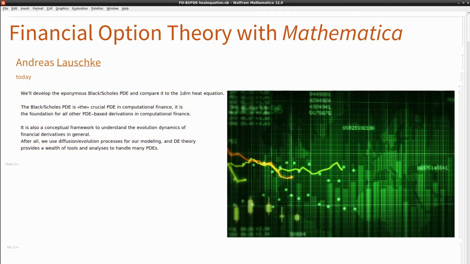Because differential equation theory provides a wealth of tools that we're getting directly from calculus, and it allows us to analyze many PDEs. And the BSPDE is so prevalently used and a great starting point for many other derivations later on. So let's jump into it.